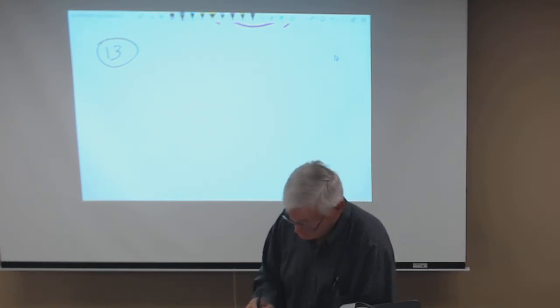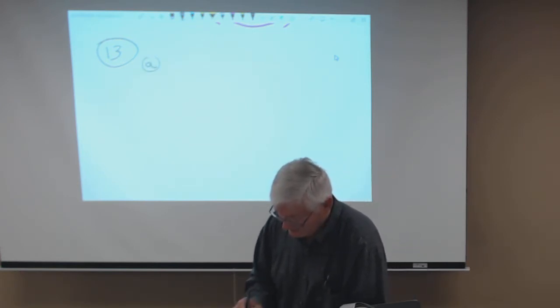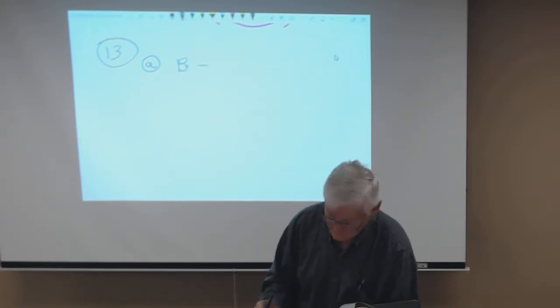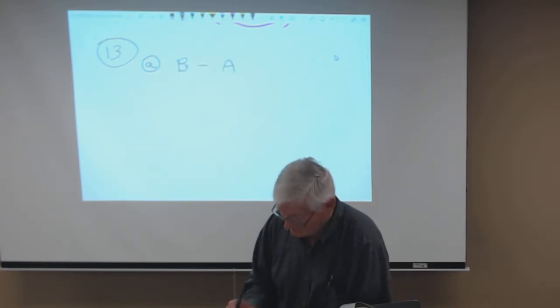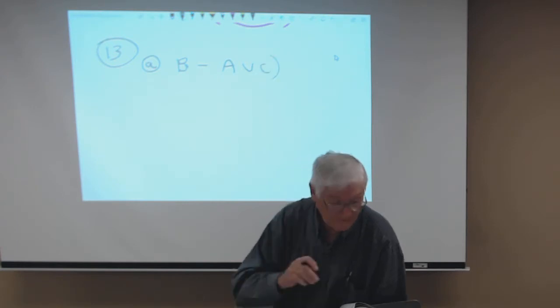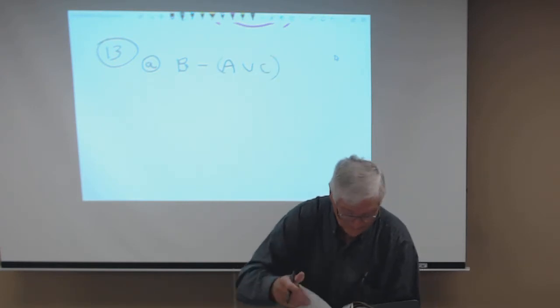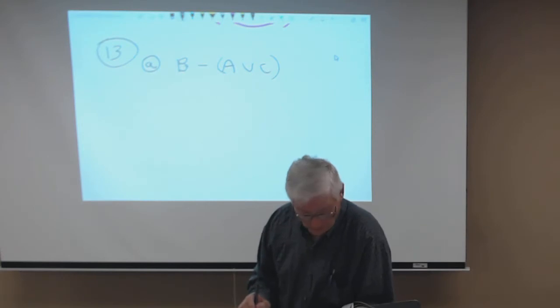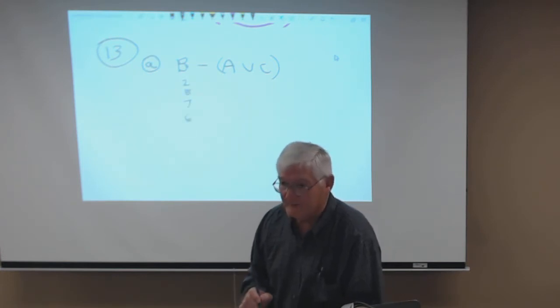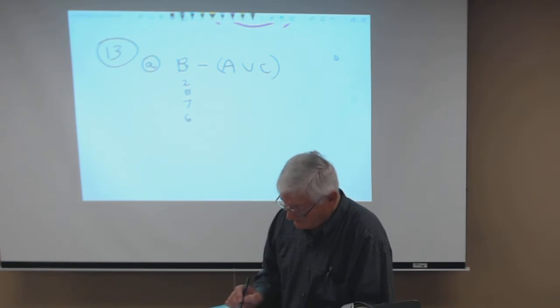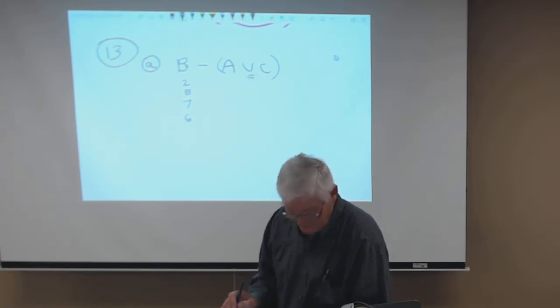And write down 13A, B minus A union C. And I turn back to the picture on the previous page. And I go, what's in B? What are the number regions in B? 2, 5, 7, 6. Everybody follow that? Now, what are the numbered regions in the union of A and C?